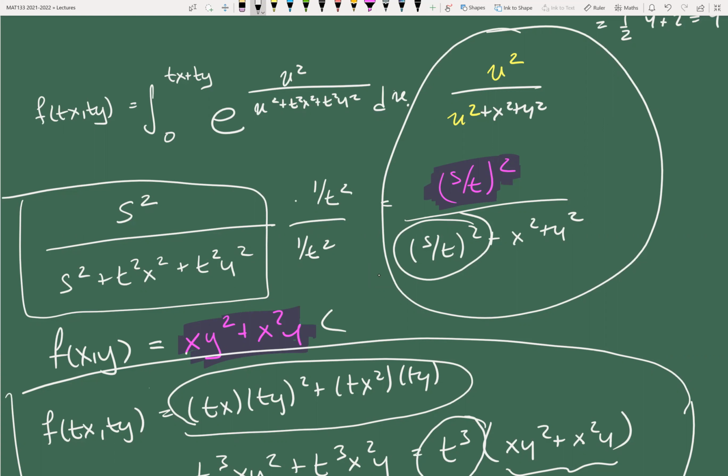Because the original function just had an x plus y there as well. Okay, so if we sub, yes, yeah, Simon, you have to change the bounds also, but it works out here, right?